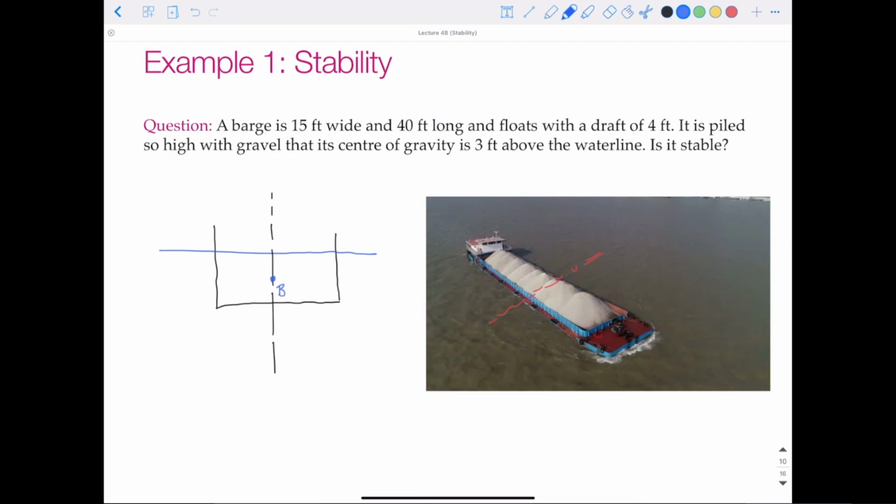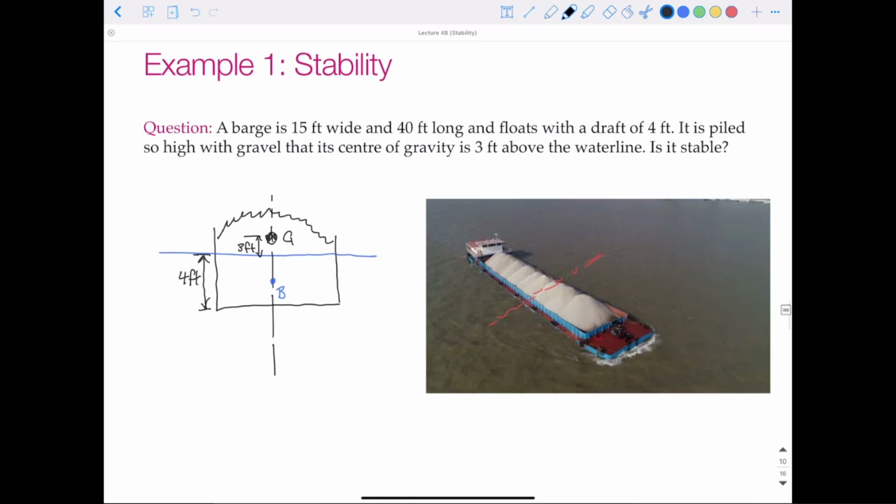And it tells us that it's piled so high with stuff. Here's all the things in it, that our center of gravity is actually 3 feet above. And it also tells us our draft is 4 feet. And then the last thing we care about, it's 15 feet wide.